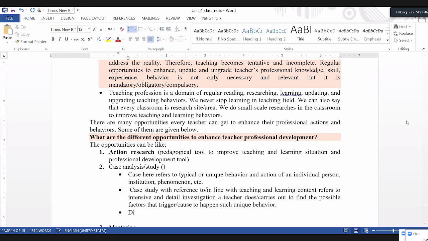So different from action research, case study is a bit different. We use different research tools. Research tools like we can conduct interview.